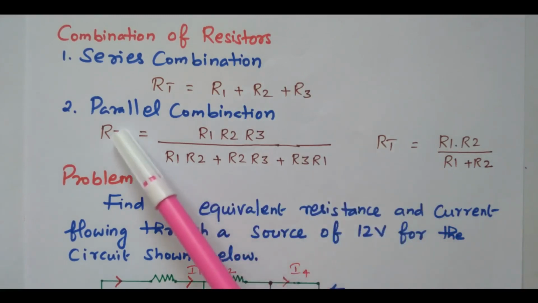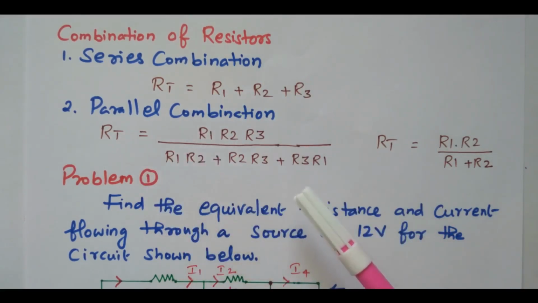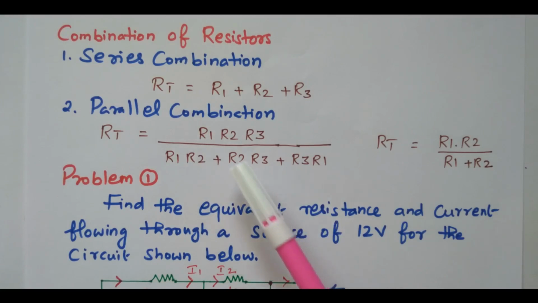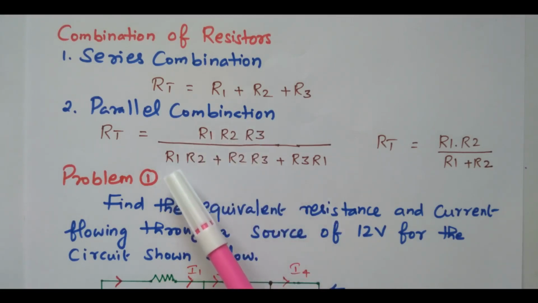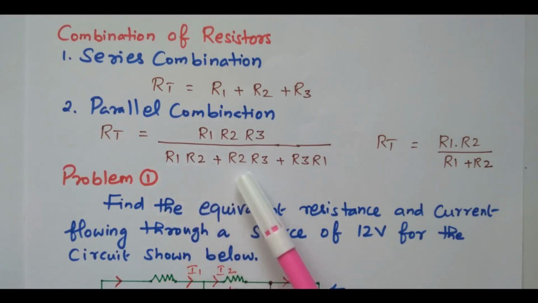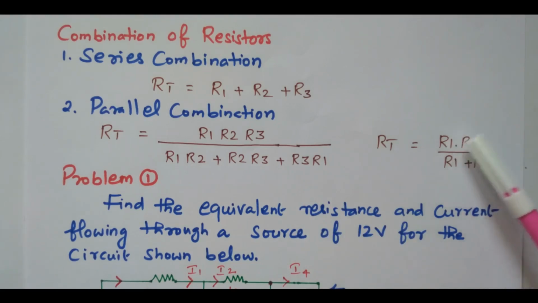In case of parallel combination, if three resistors are connected in parallel, the resultant value will be R1 R2 R3 divided by R1 R2 plus R2 R3 plus R3 R1. Suppose two resistors are connected, then R1 R2 divided by R1 plus R2. So based on this formula, we'll go for the problem.